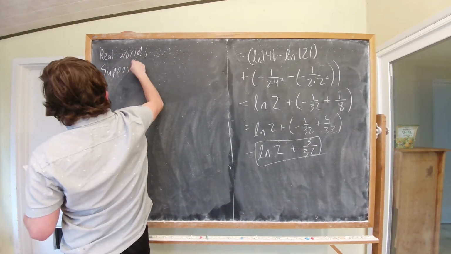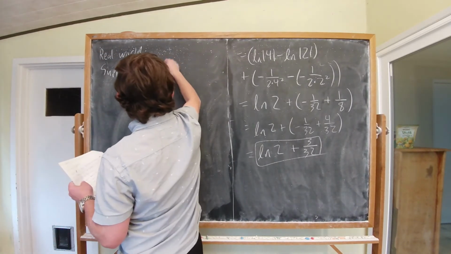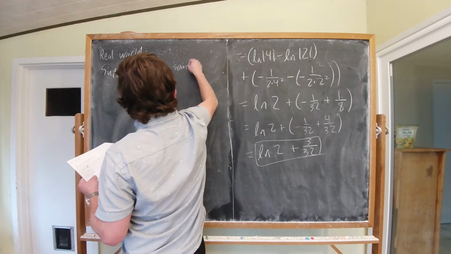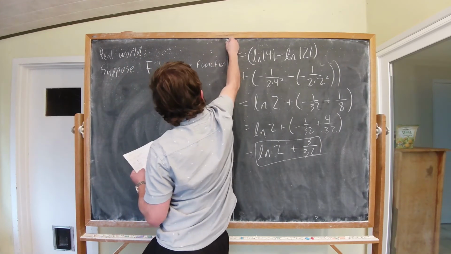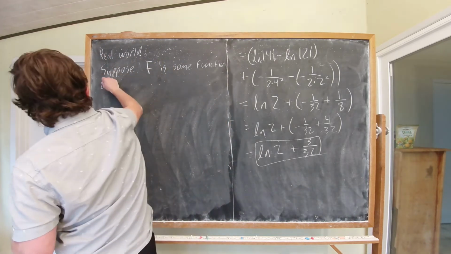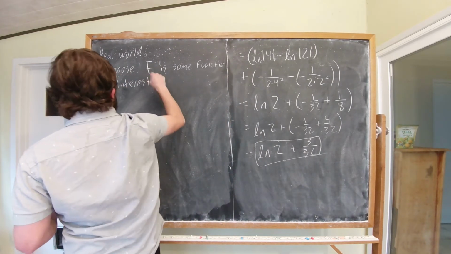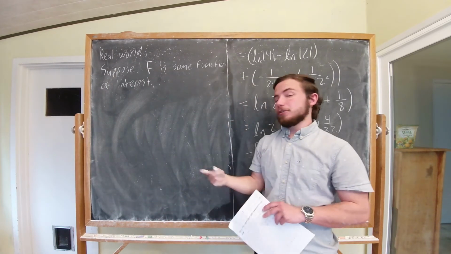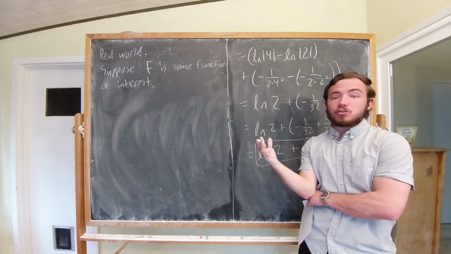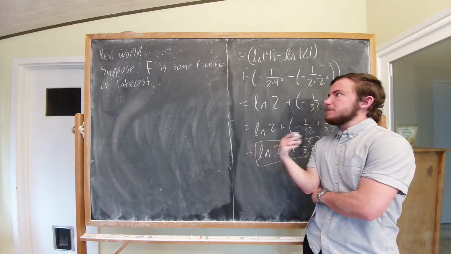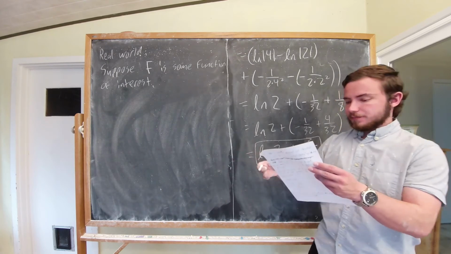Suppose capital F is some function of interest. Maybe F measures the profit of your company. Maybe F measures the amount of time traveling somewhere takes, right? Maybe F measures just any sort of important quantity.